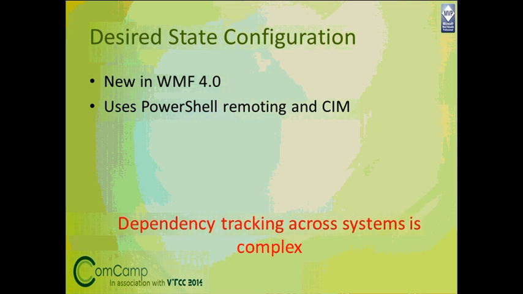So, one of the steps that I spoke about in the deployment scenario is about how we can track dependency. For example, I want to wait for SQL Server services to be in a running state before I start my SharePoint configuration. Such scenarios are extremely complex to handle in a DSC resource.